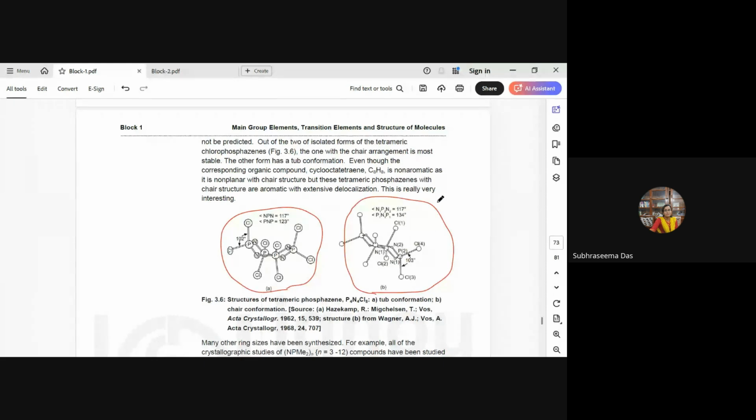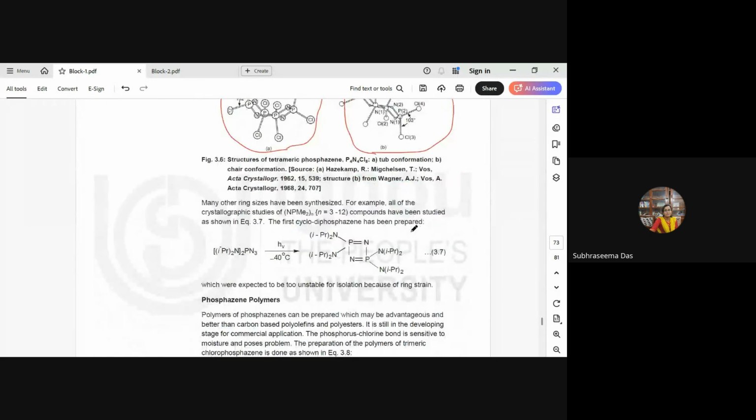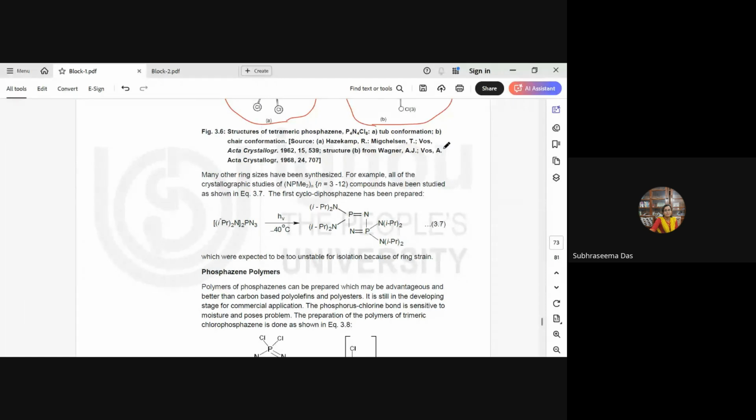Even though the corresponding organic compound C8H8 is non-aromatic, the tetrameric phosphazenes have aromaticity, and extensive delocalization also takes place. Other ring sizes have also been synthesized. Here we talked about the trimeric and tetrameric, but other ring sizes for n equal to 3 to 13 have also been studied for such phosphazenes.